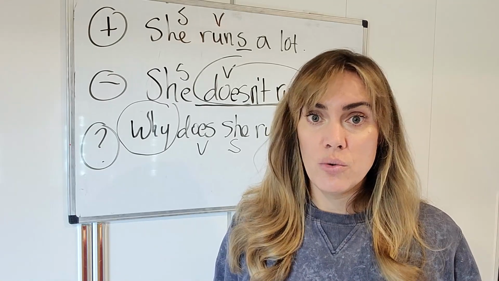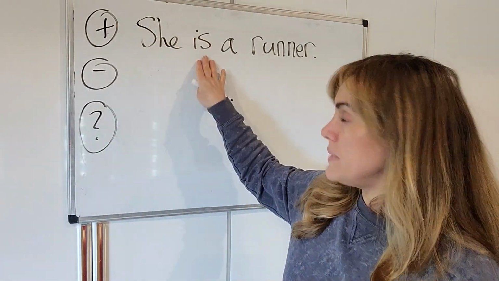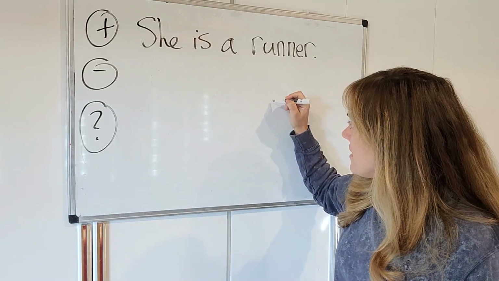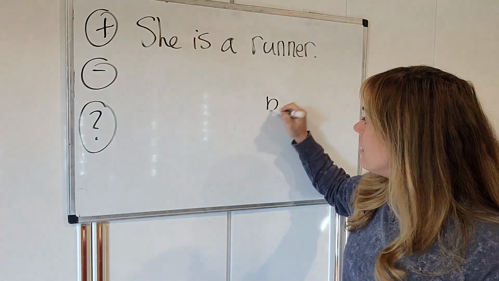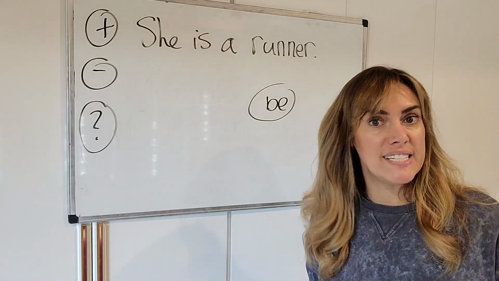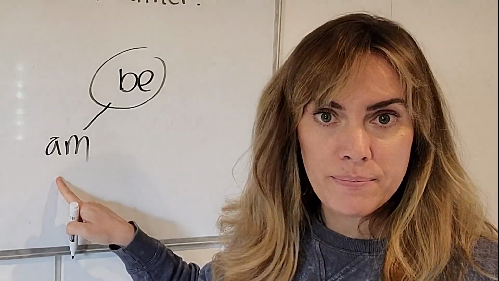Now I'm going to show you again using a really common verb, the be verb. Okay, so here we are using the be verb. And as a review, when we have the be verb, there's actually three forms in the present tense. So you can have am, I am, right?